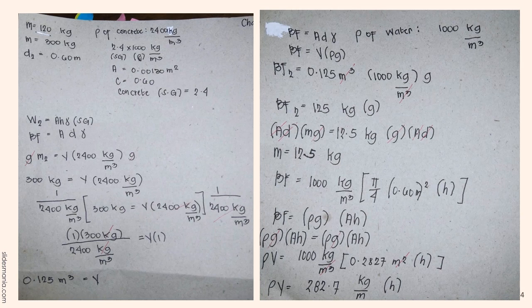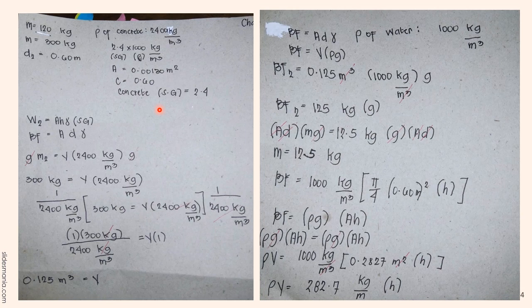So to solve for the time required to sink 0.60 meter, first, let us write down the given in the problem. So mass is 120 kg and 300 kg, the depth is 0.60 meters, and the density of the concrete is 2,400 kilograms per cubic meter, which is the specific gravity times the specific weight, 2.4 times 1,000.